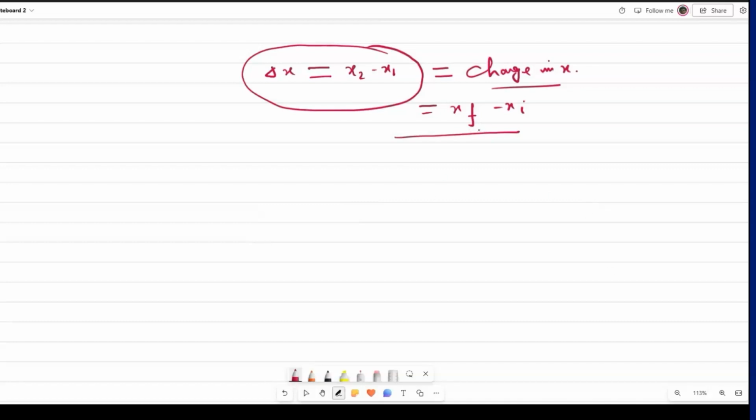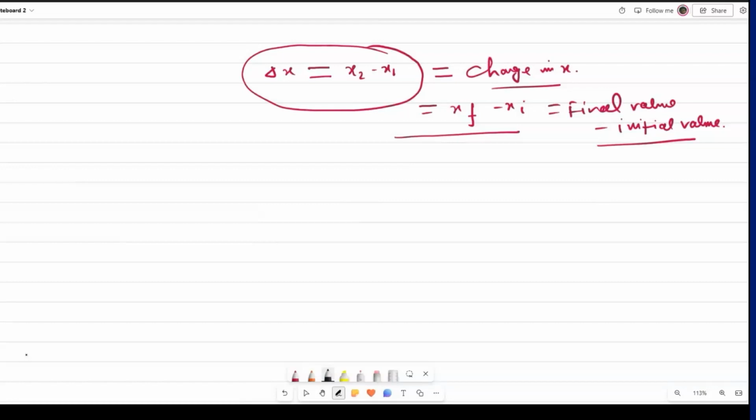So delta x is x final, I mean final value, minus initial value. You have to remember that this mathematical topic we are doing here for the sake of physics. We are not going to learn in detail all the mathematical concepts.